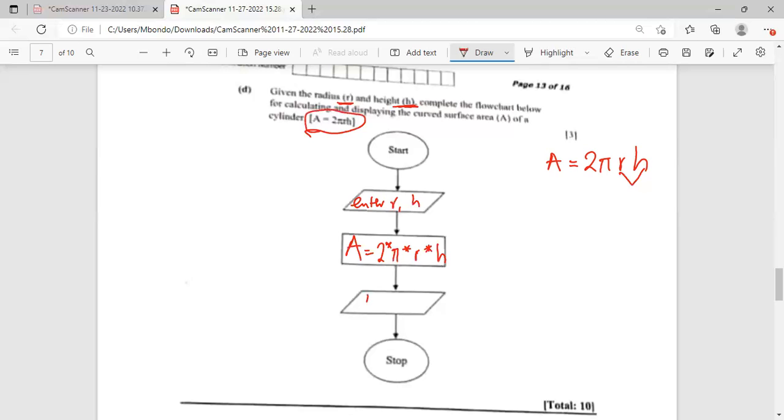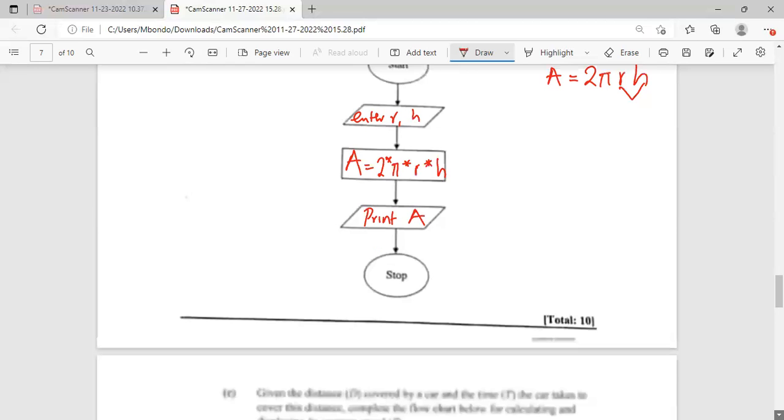Then here, what do we say? Print. What are we printing? We are going to print A.